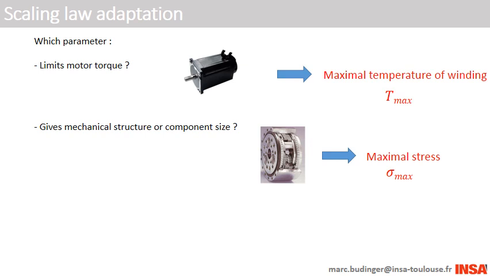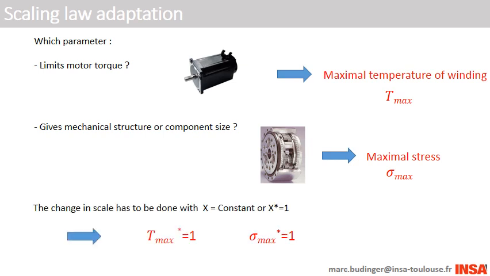In a general way, we must determine the sizing constraints, that means parameters that limit the studied device's performance or lead to its destruction. This change in scale has then to be done with x equals constant, or x star equals 1. Here, the temperature and the stress equal 1.